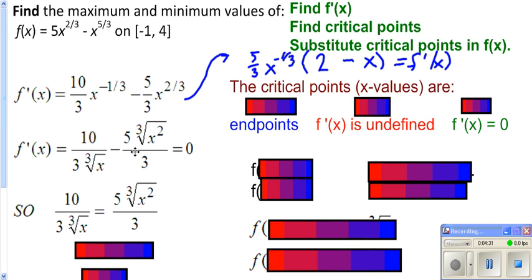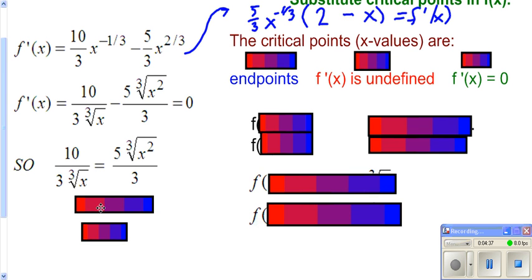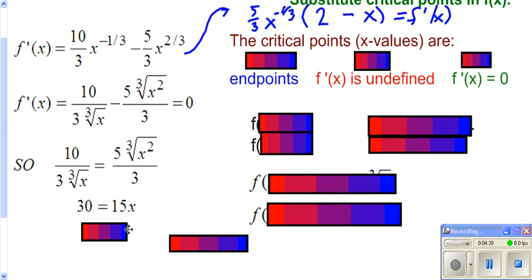Here I set it equal to 0, took my one fraction to the other side. Then all we have to do is a little bit of cross multiplying and dividing, and you'll notice we get 2, which is very similar to what you would have gotten up here, because you would have had an x minus 2 on the top over a 3 and then the cube root of an x.